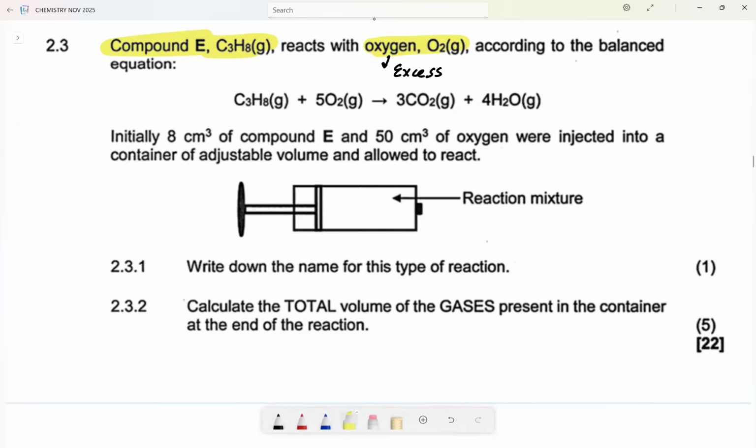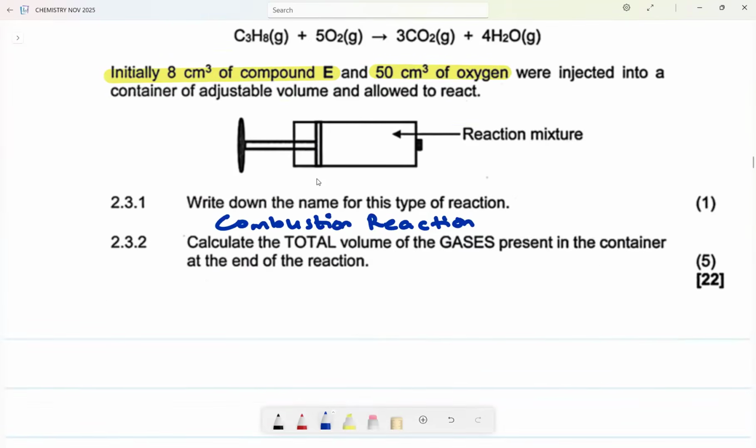So now they tell us that initially 8 centimeter cubed of compound E and 50 centimeter cubed of oxygen were injected into a container of adjustable volume and allowed to react. They ask us to write down the name for this reaction. So we know this is a combustion reaction. Then they say calculate the total volume of the gases present in the container.